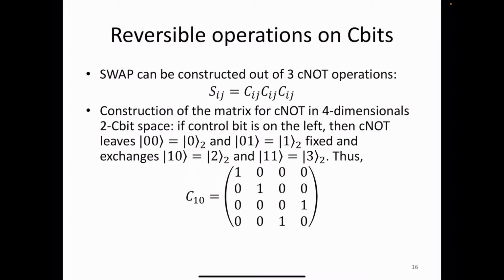So swap, for example, can be created out of 3 controlled NOT operations. You may try. You'll see the matrix of the controlled NOT operation, where the first one here is the control bit, is given by that matrix.